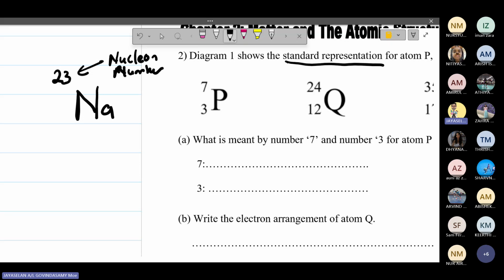Very good. Arvind already shared the image. Wow, power. See, you all can see Arvind's answer. Okay, Arvind's is good.